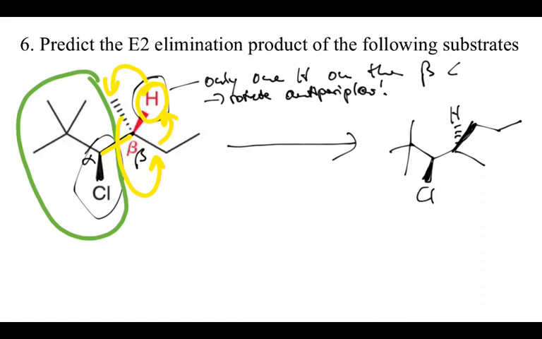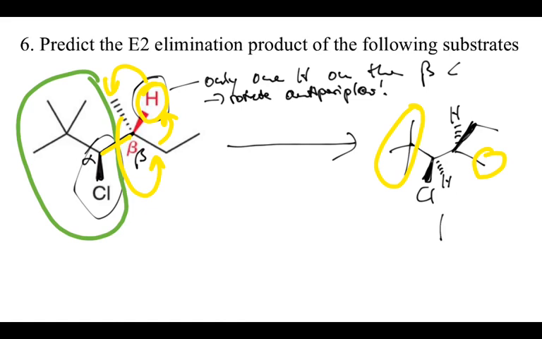And now you eliminate. See, now they are anti-periplanar. So it helps to draw in the additional hydrogen here. Right? So they are anti-periplanar. You eliminate. You see what happens is the T-butyl and the methyl here, they are on opposite sides. And, oh sorry, this should be an ethyl group. I drew too much. This should be an ethyl group. And the ethyl and the hydrogen, they are on opposite sides. You guys see that?